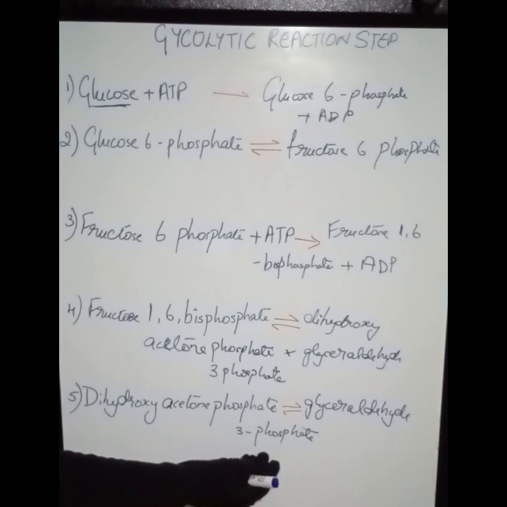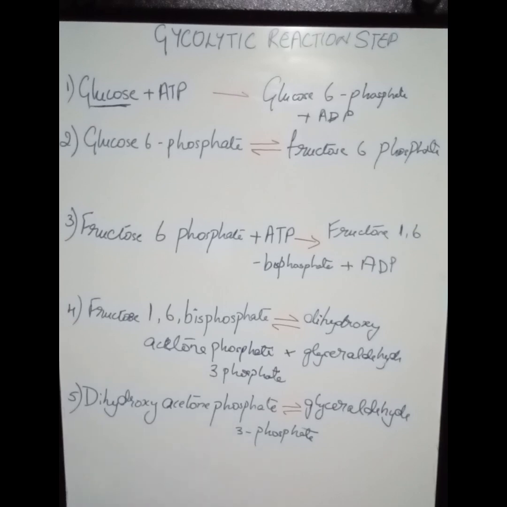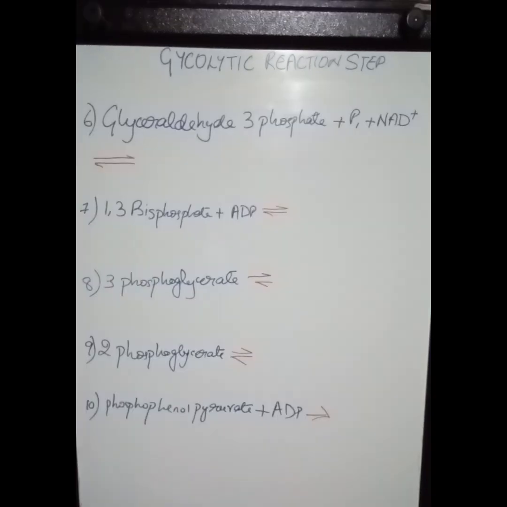So let's see the remaining 5 steps of the glycolytic reaction pathway. Why is this pathway divided into 2 phases?